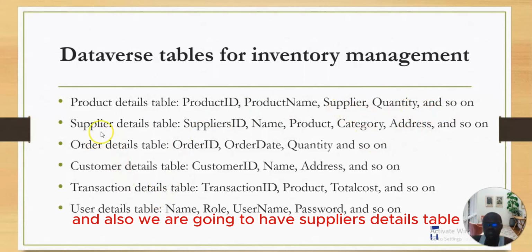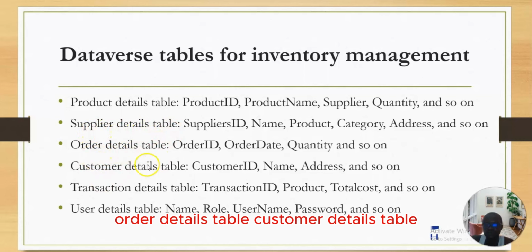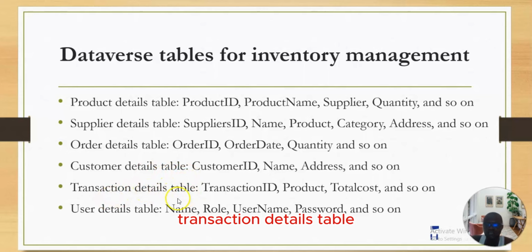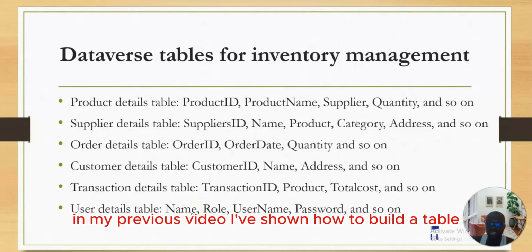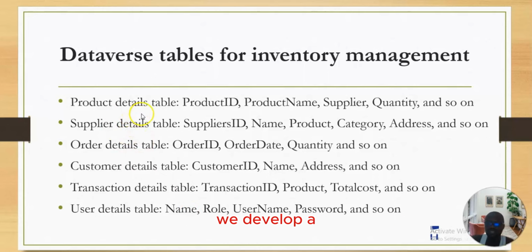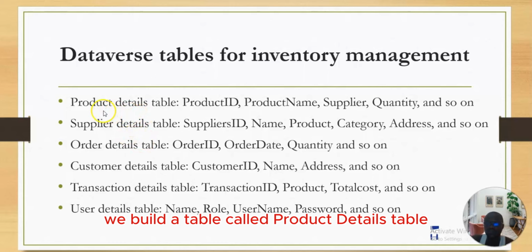And also we are going to have suppliers details table, order details table, customer details table, transaction details table, user details table. In my previous video, I showed how to build a table. We built a table called product details table.